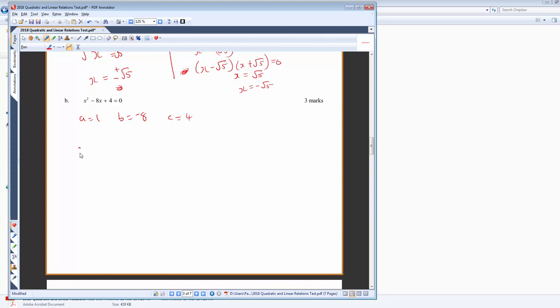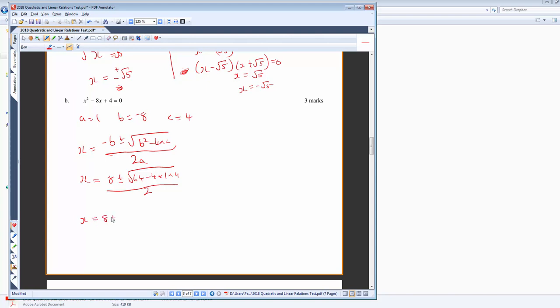Okay, so the quadratic formula is x equals negative b plus or minus the square root of b squared take 4ac, the discriminant, over 2a. So let's whack in these results. So I've got negative 8, which is 8, plus or minus the square root of b squared, which is 64, take 4 times 1 times c, which is 4, all over 2a, which is 2.